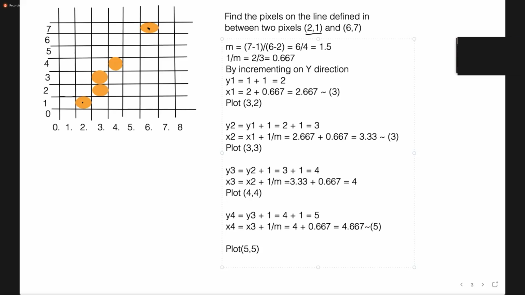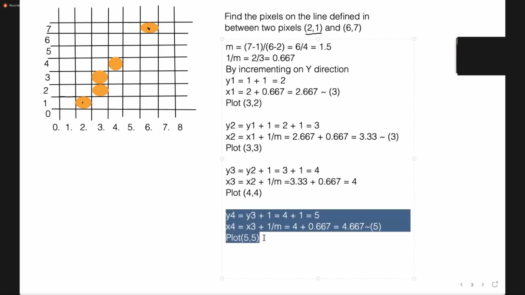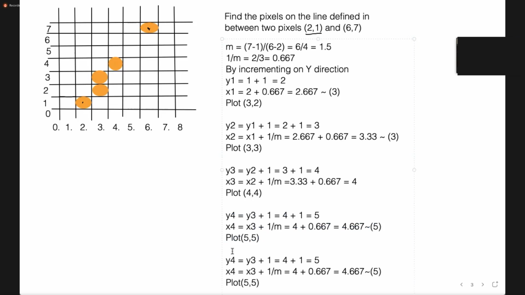Right? 5, 5. And then again we have to calculate the same thing. 5, 5 we can plot it. 5, 5 is here. And now we have to calculate Y5 and X5.